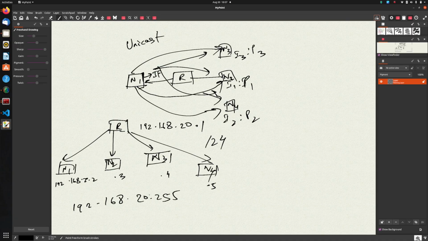In order to send it to all the hosts, it can send it to a special IP, which is 192.168.20.255. How I got this? I got this by leaving aside all the bits reserved for the network ID of the network address, and I made all the remaining bits 1.